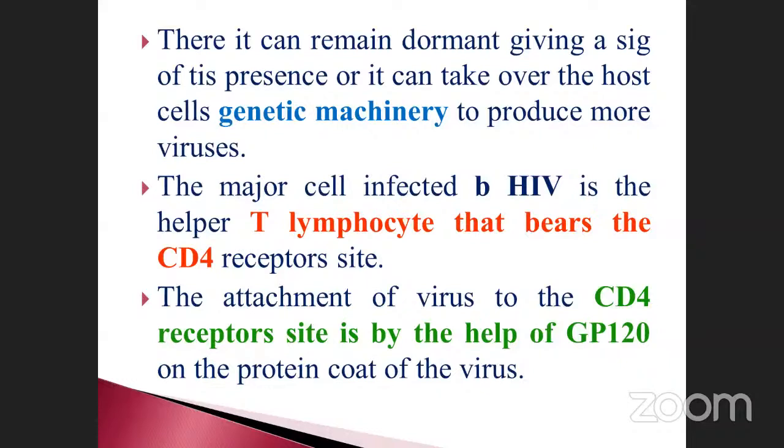The attachment of the virus to the CD4 receptor site is through glycoprotein 120. Suppose, as research is going on, glycoprotein 120 is not present in the virus. Then it cannot bind with the CD4 receptor site.